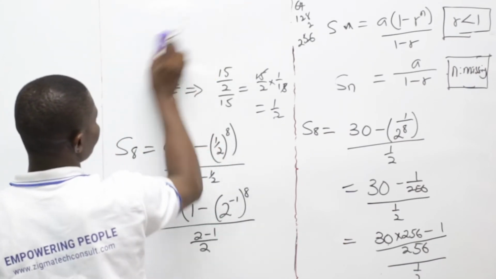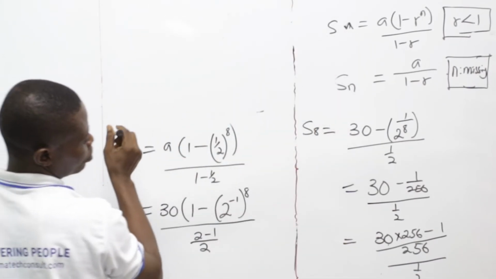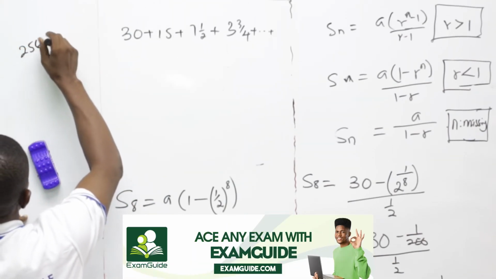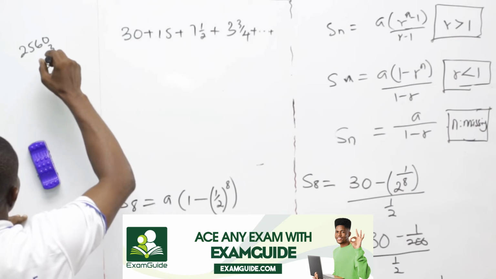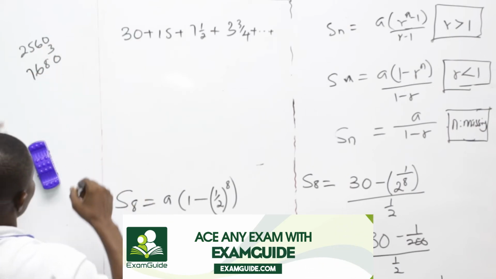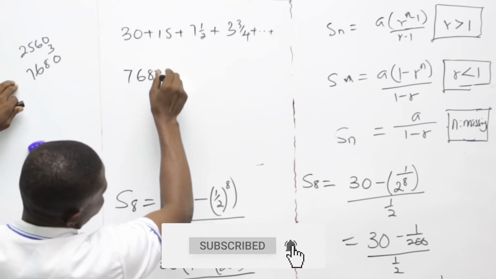Coming back this way again. This is 30 times 256. That gives 7680.